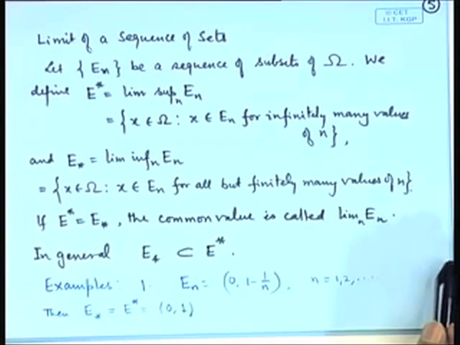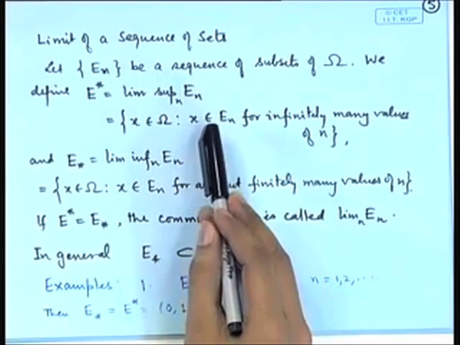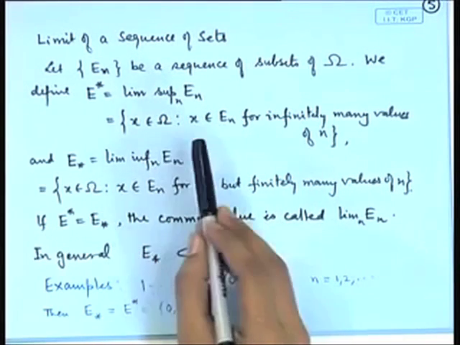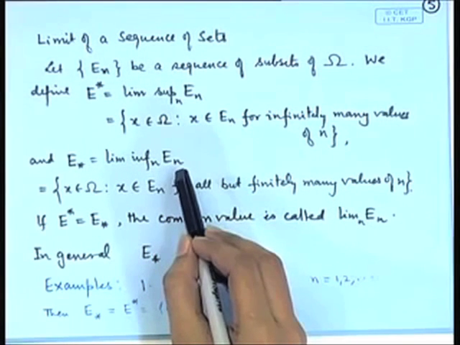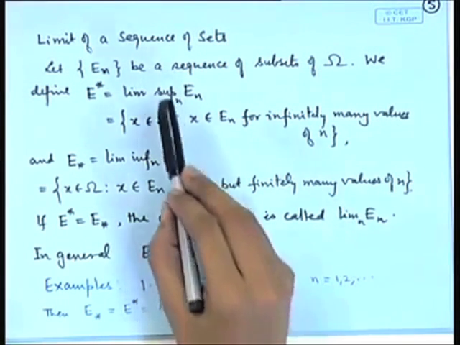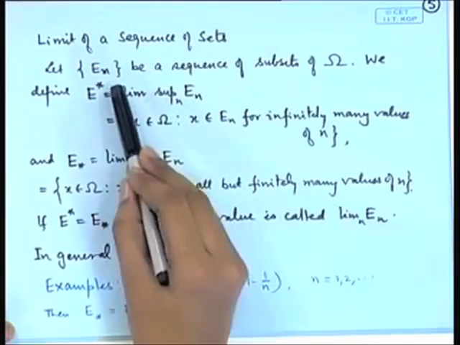So in order to introduce the concept, we introduce lim sup of E_n and lim inf of E_n, called limit superior of E_n and limit inferior of the sequence E_n. Consider a sequence of subsets of omega called E_n.